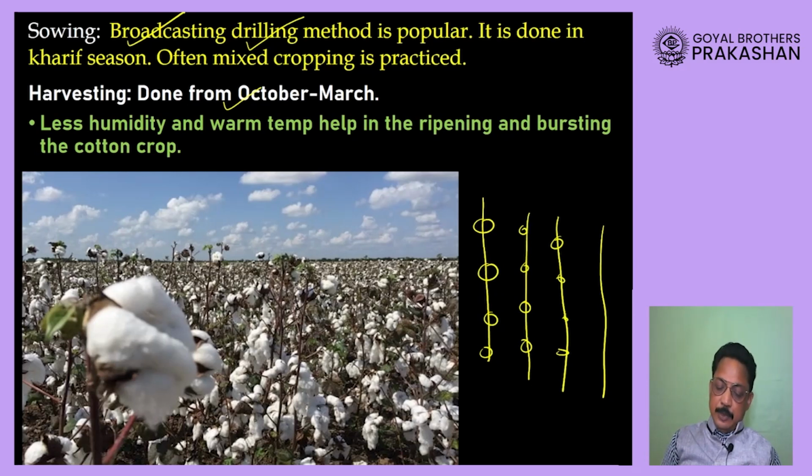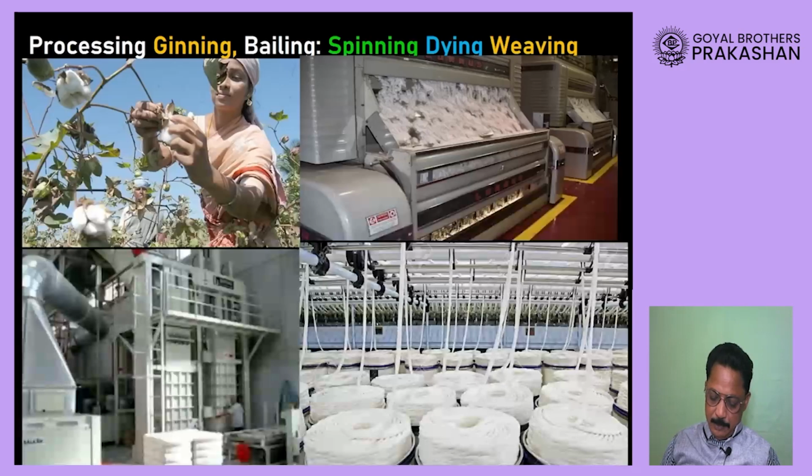Now this crop also needs low humidity and warm temperature. When this crop is about to ripen, about to get harvested, that time this crop needs less humidity and plenty of sunshine.